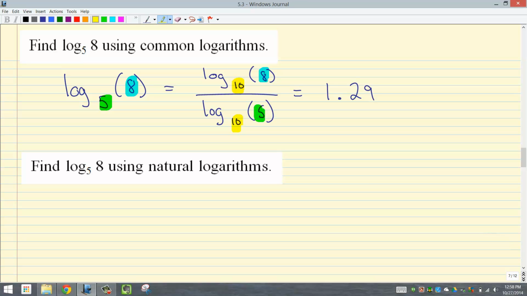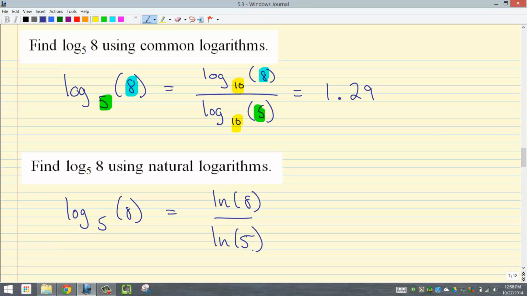You could do the same problem, find log base 5 of 8, using natural logs. So we do something like this. Log base 5 of 8 equals ln of 8 divided by ln of 5, which conceptually is log base e of 8 divided by log base e of 5. Now we don't have a log base e button. We have the ln button.